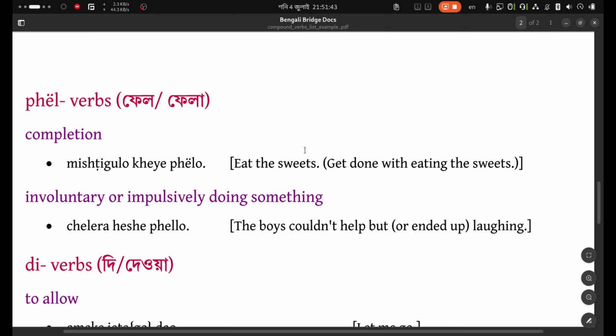The doer will do the job and be free of that job. The job will be complete.